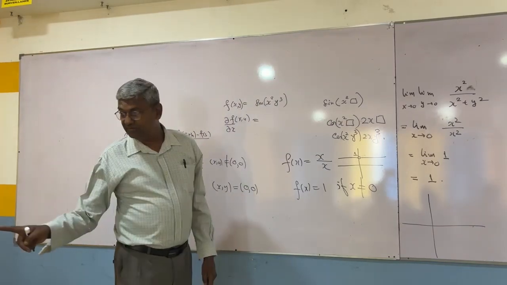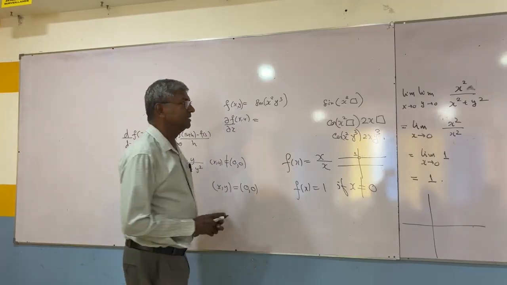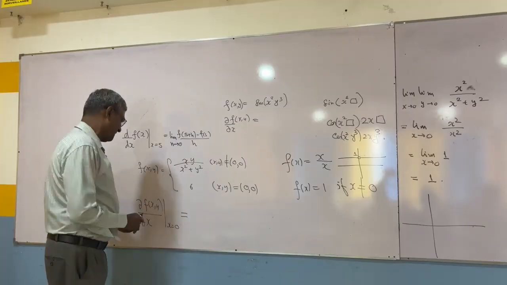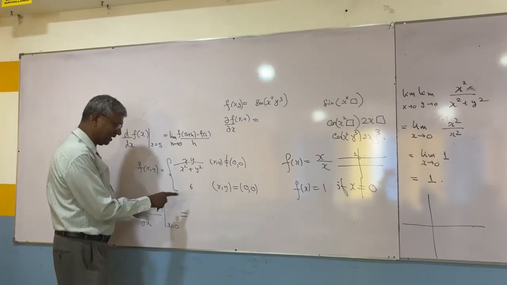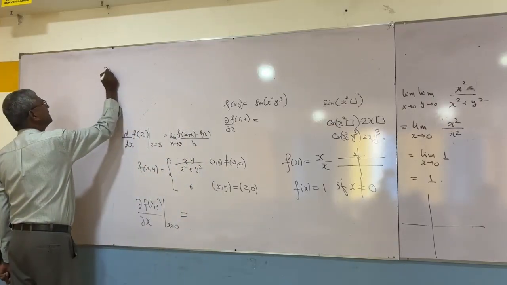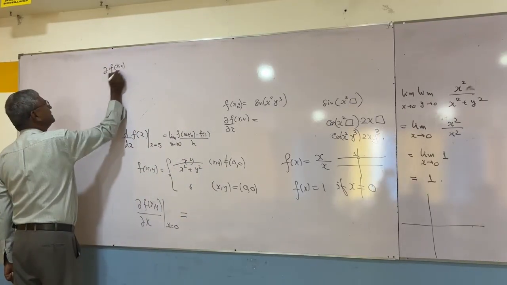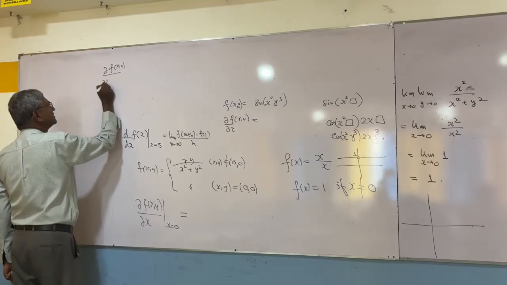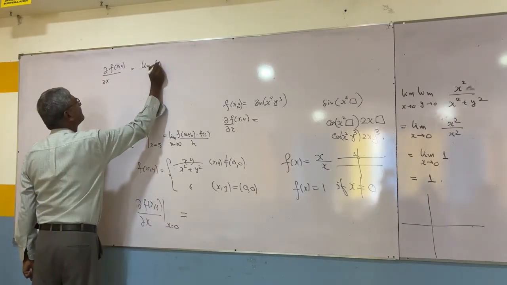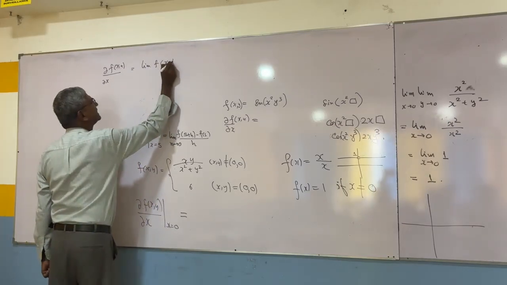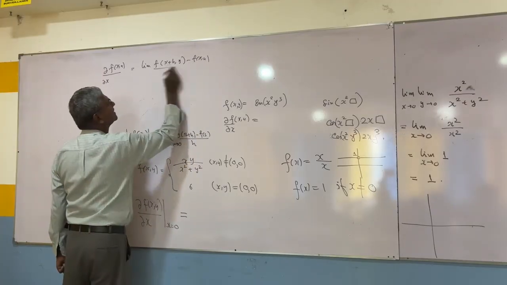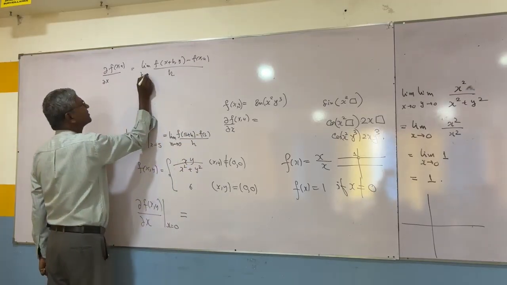Sometimes I gave you a problem, but let me not do it, you will do it someday. So for a thing like this, we have to apply the definition separately. The partial derivative of f(x,y) with respect to x is the limit of f(x plus h, y) minus f(x,y) divided by h as h tends to 0.